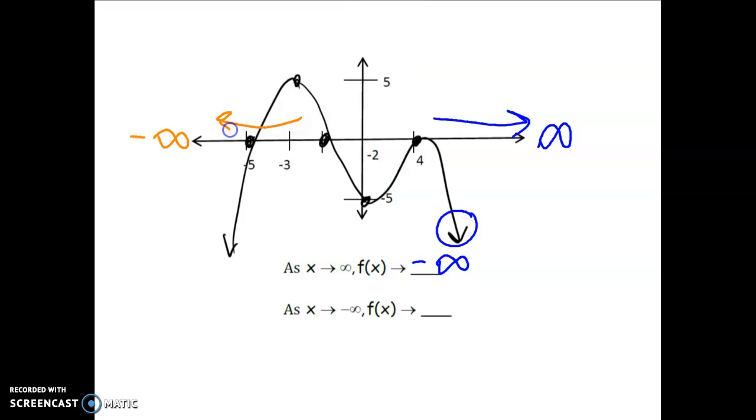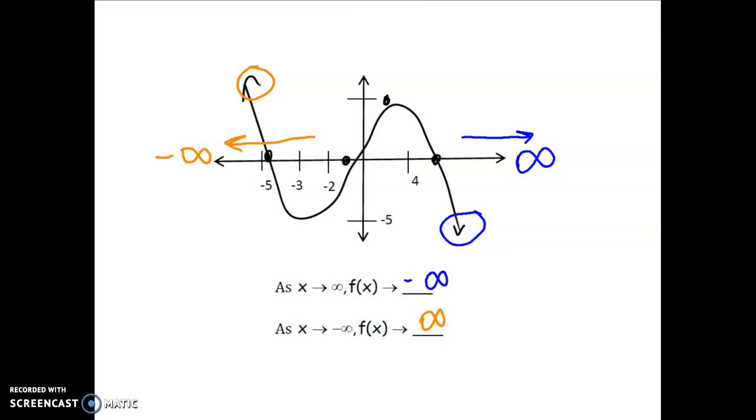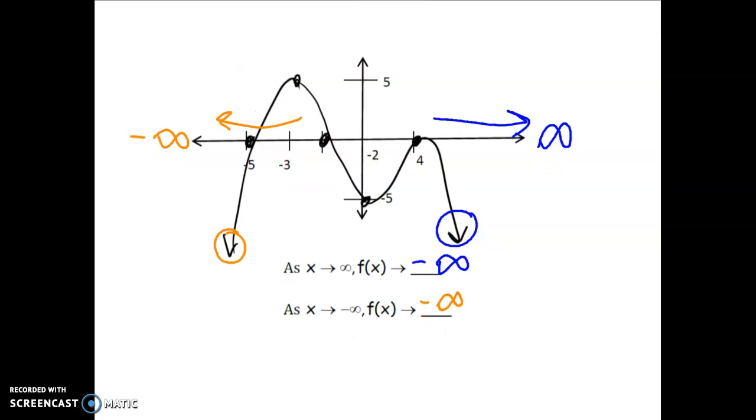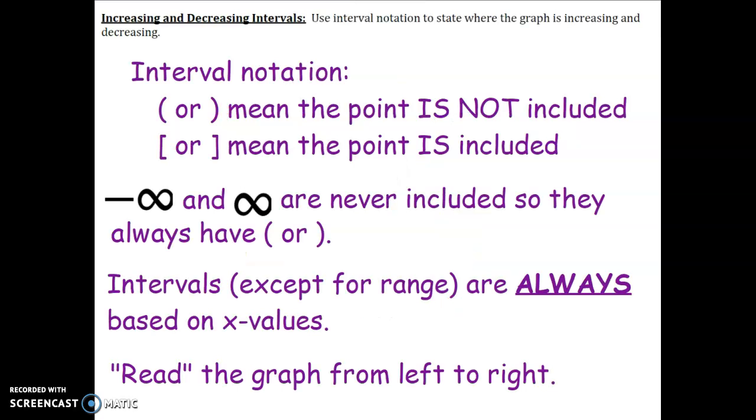So as we move to the left, well, this side is going down also. So that's going to be negative infinity as well. So you might have the same answer for both of them. You might have different answers for both of them. You just have to look at that particular function and look at which way the function is going as you head out towards positive and negative infinity, as you head out toward the left and the right.